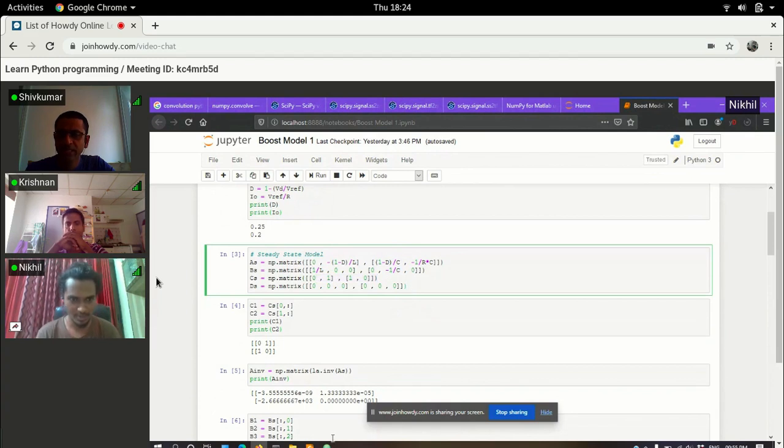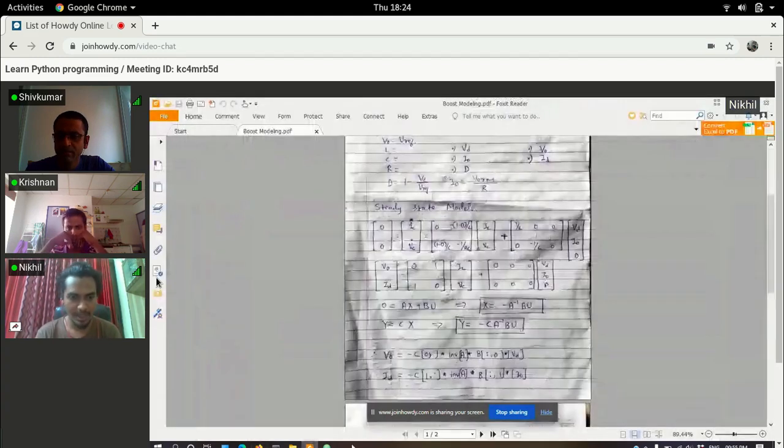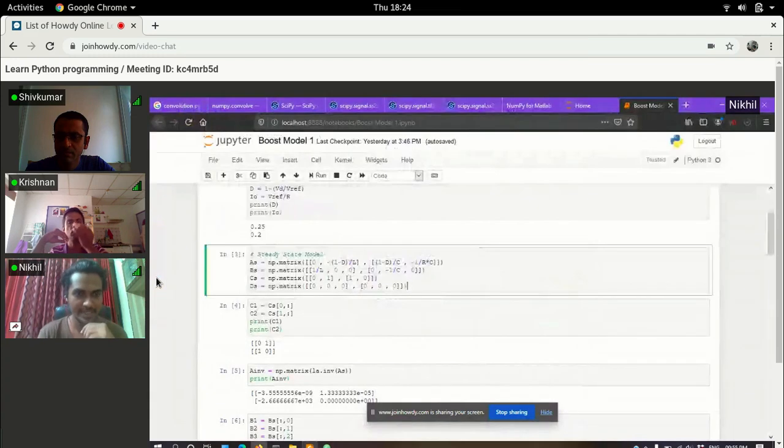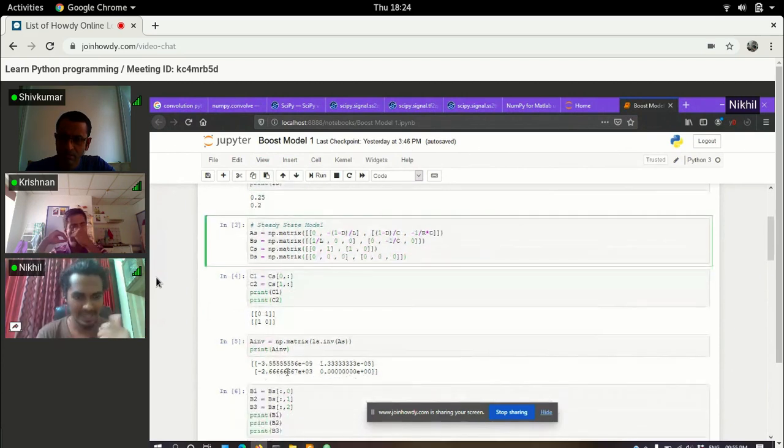Why are you using matrix and not array? Actually, I tried using basic arrays, just Python square brackets, like 0, minus 130 and so on, but I was getting lots of errors that I was not able to understand. So I thought it is a matrix, so let's use matrix. No, there is np.array for the array method. I have not used the matrix, but anyway, I guess it must be similar.